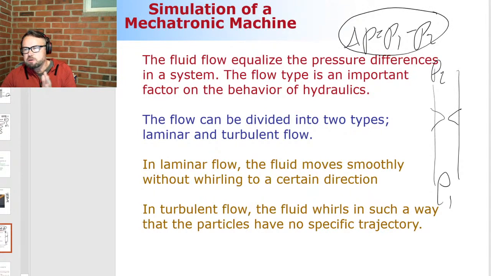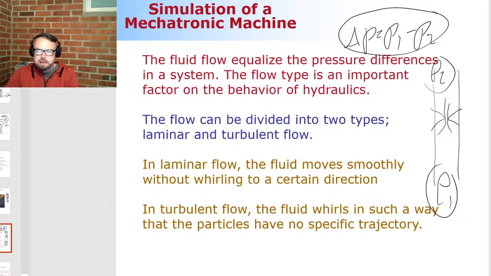If these two pressures are different, let's say that P1 is bigger than P2, what happens is that the flow starts to travel through this orifice. It travels through this orifice to equalize the pressure difference. That's what it is doing.